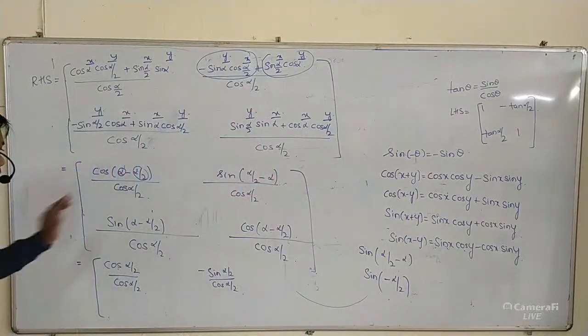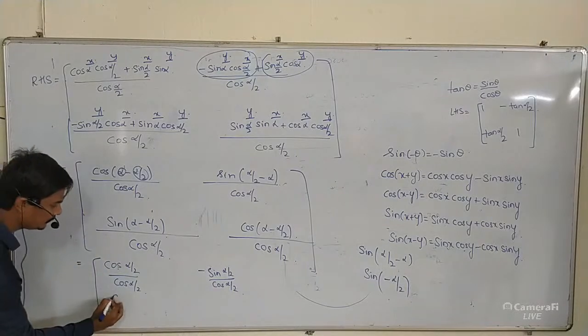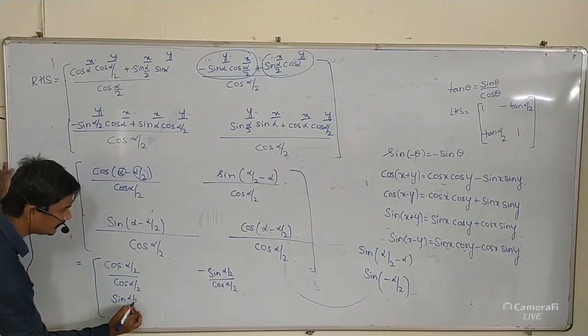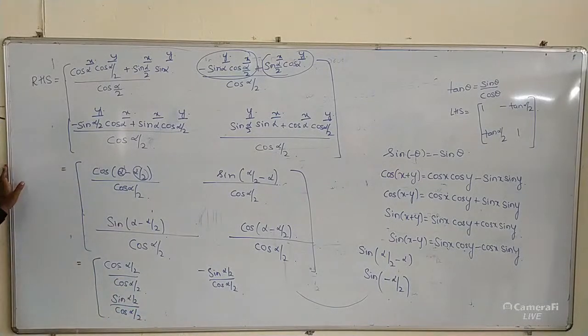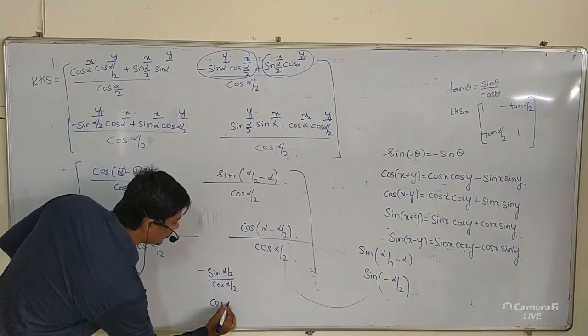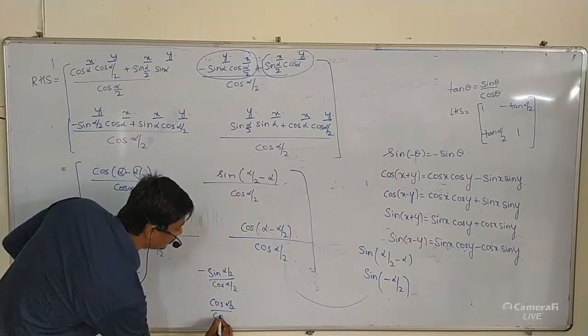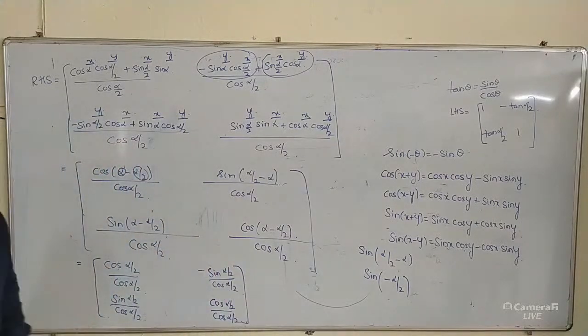Here, what is alpha minus alpha by 2? Alpha by 2. So it becomes sin alpha by 2 upon cos alpha by 2. So alpha minus alpha by 2 is alpha by 2, so it is cos alpha by 2 divided by cos alpha by 2.